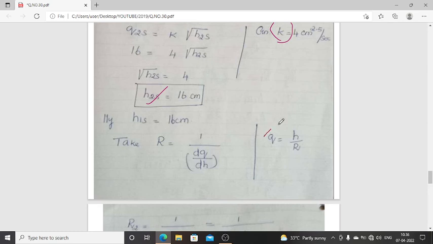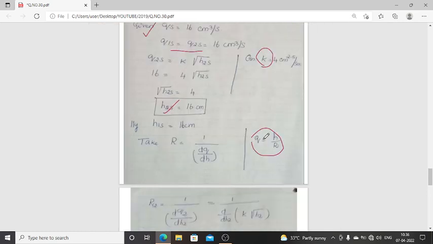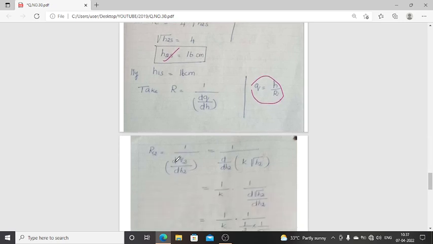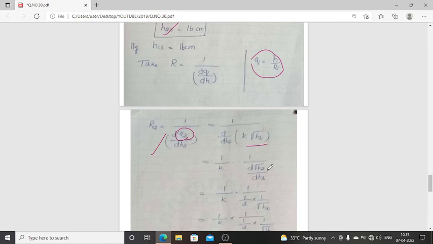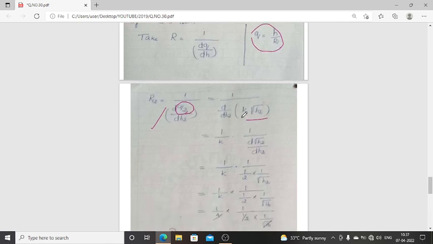So we know the relation between flow rate and height: q is equal to h by R. Here R is equal to 1 by dq by dh. This is the differentiation of this equation. Finally we get capital R is equal to 1 by dq by dh. What about R2 here? R2 is equal to 1 by dq2 by dh2. Here what is q2? Q2 we already have, right? The assigned value k into root of h2. So substitute and differentiate with respect to h2.